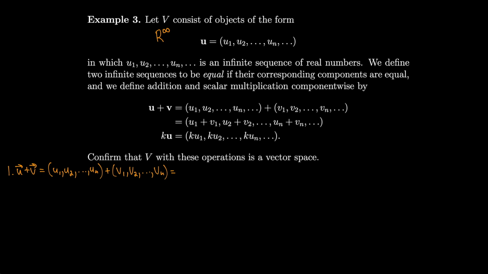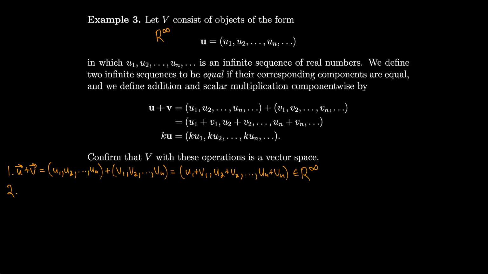So by definition, that's going to equal (u1 plus v1, u2 plus v2, through un plus vn), which is in R infinity because it's an object of this form, an infinite sequence of real numbers.